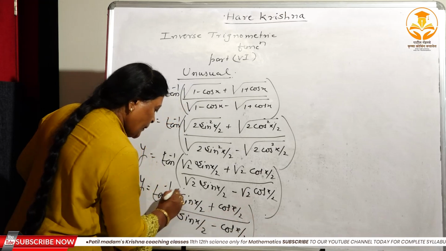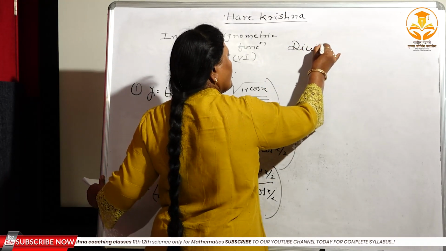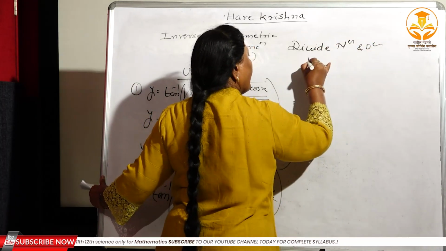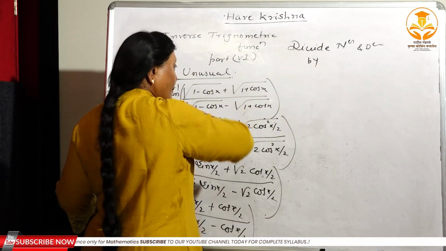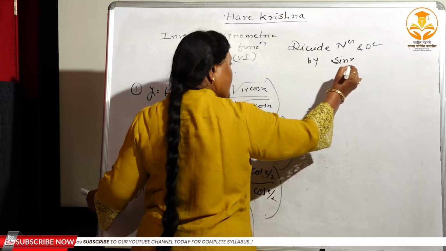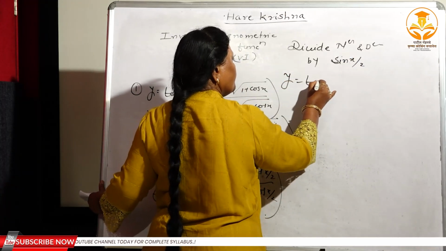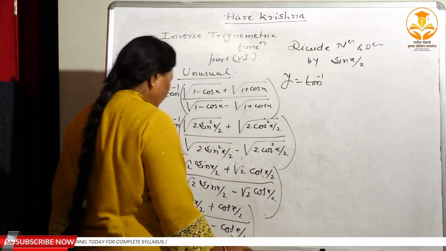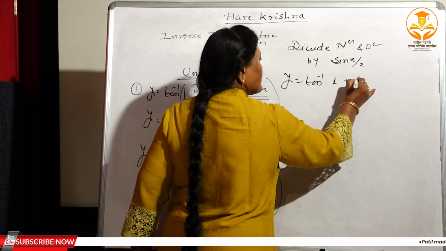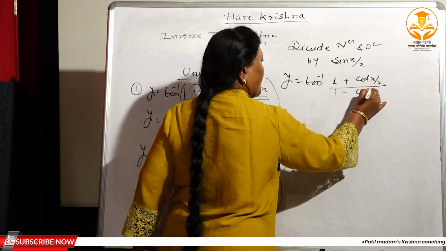Right? Now see, divide both numerator and denominator by sin x by 2. Then y is equal to tan inverse of, in the numerator and denominator, when you divide by sin x by 2 you get 1 plus cot x by 2, and here also 1 minus cot x by 2.